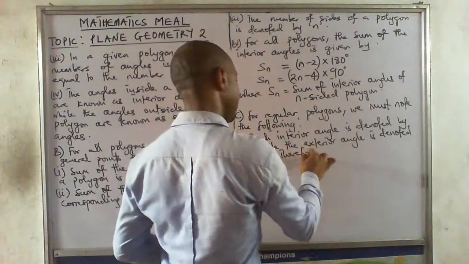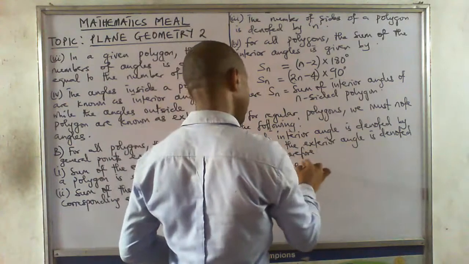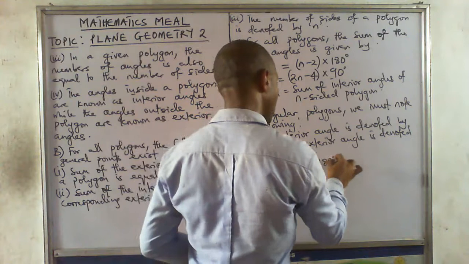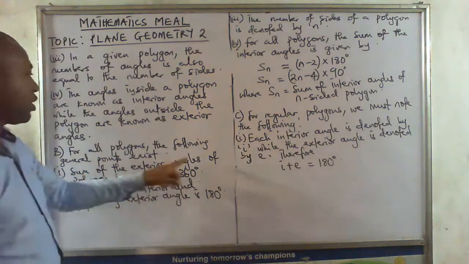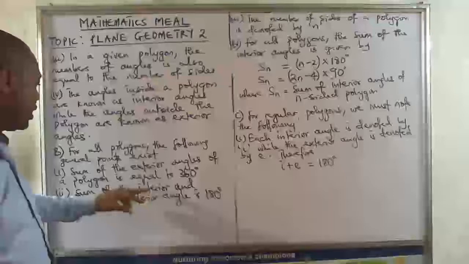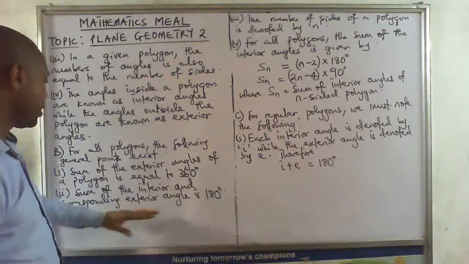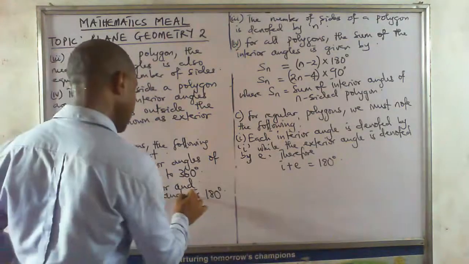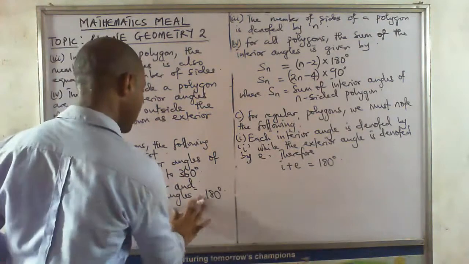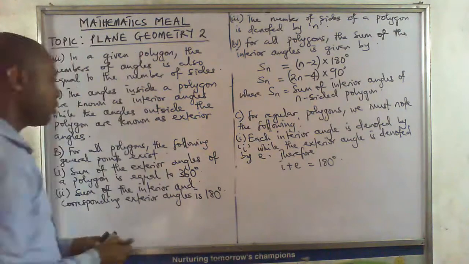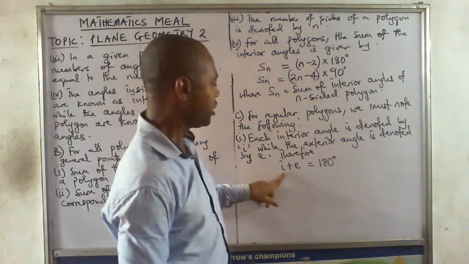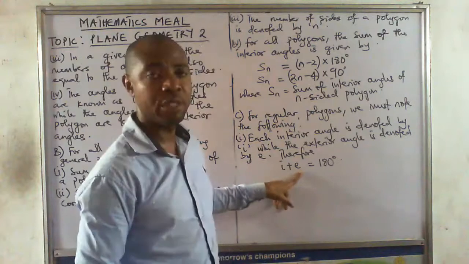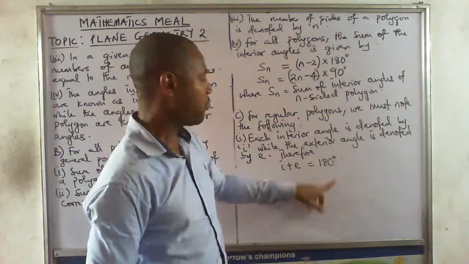Therefore, I plus E is equal to what? 180. So the sum of the interior and corresponding exterior angle is what? 180. So when you add each interior angle plus the corresponding exterior angle, it gives us 180.